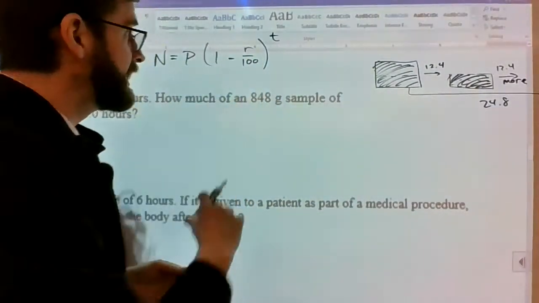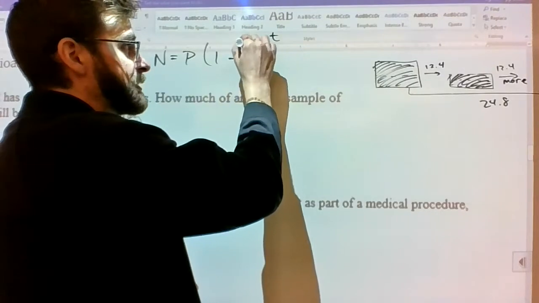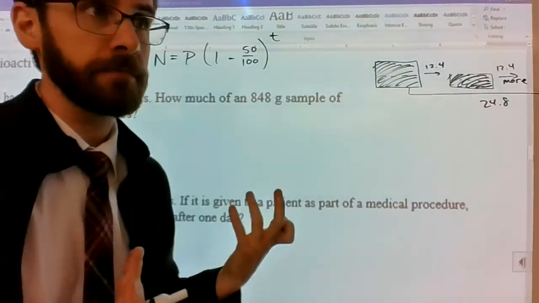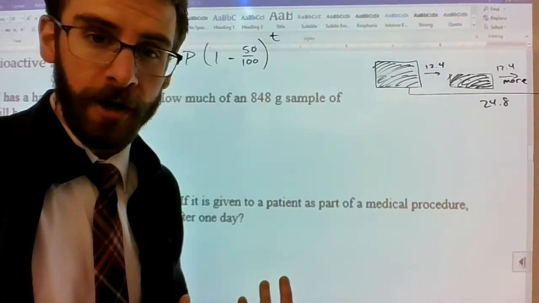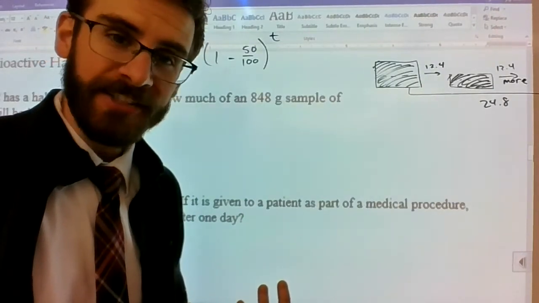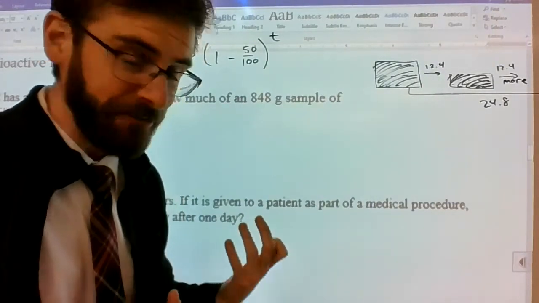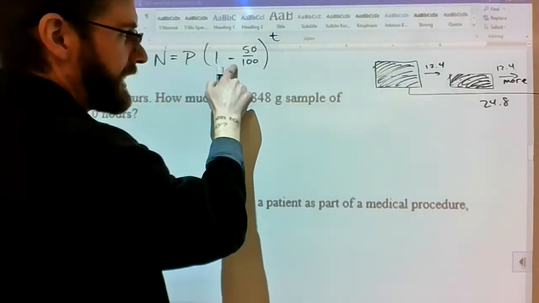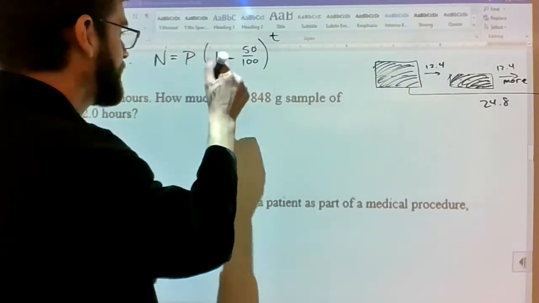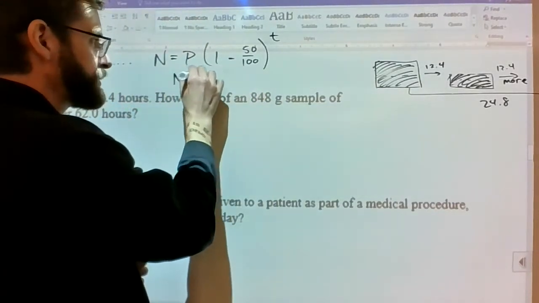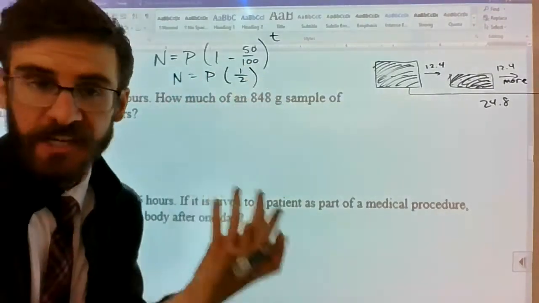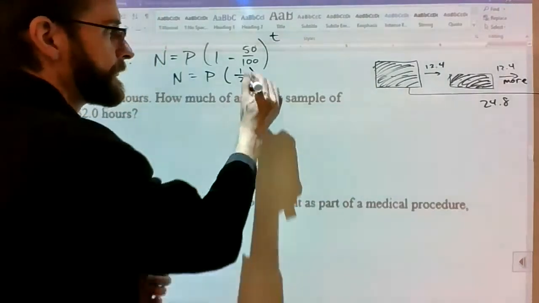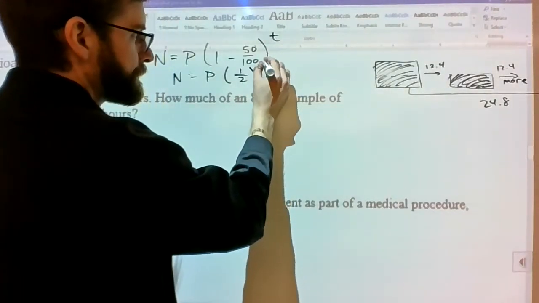That r can be replaced with 50 every single time, which you can just compute. What's 1 minus 50 over 100? It's a half. See, this is 1 minus a half, which is a half. So n is equal to p times a half. It's always going to be a half inside the parentheses to the t power.